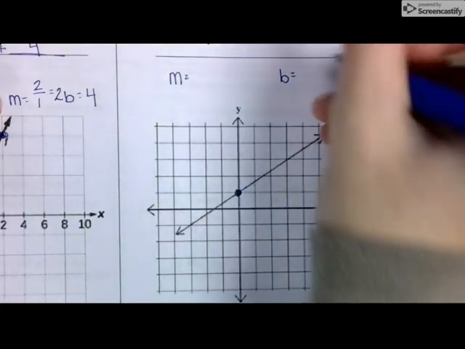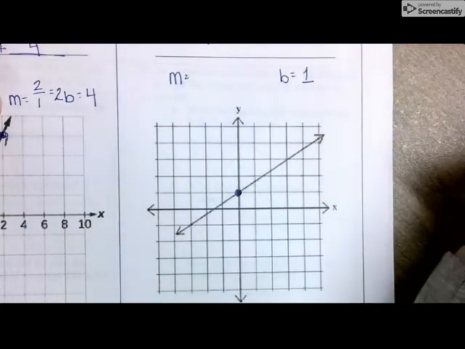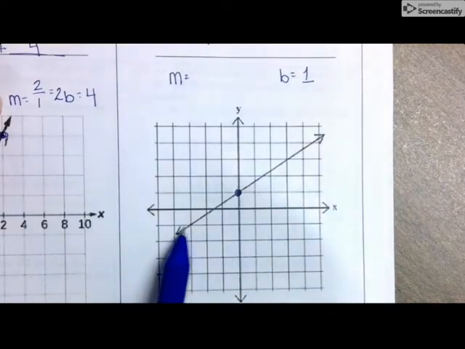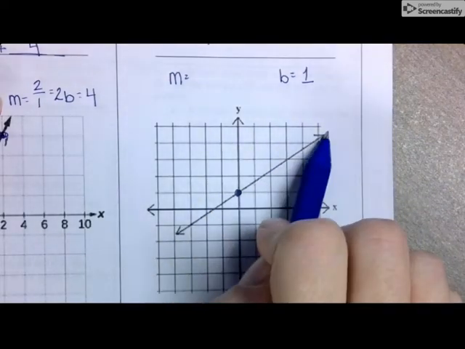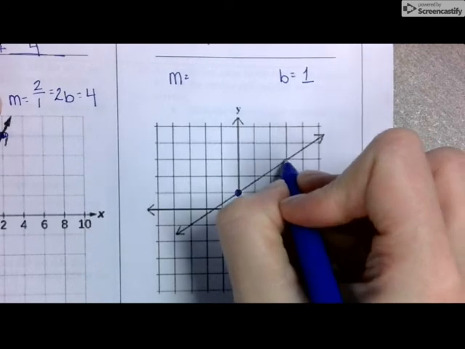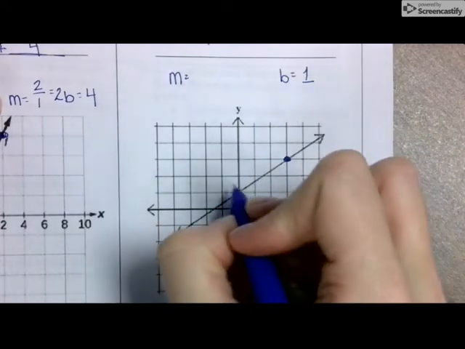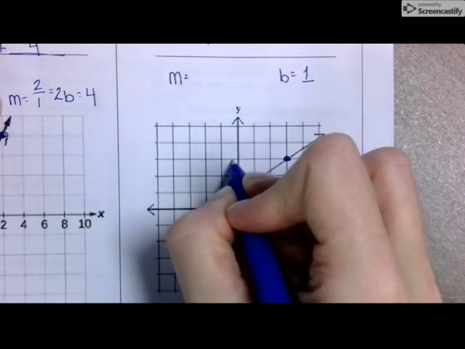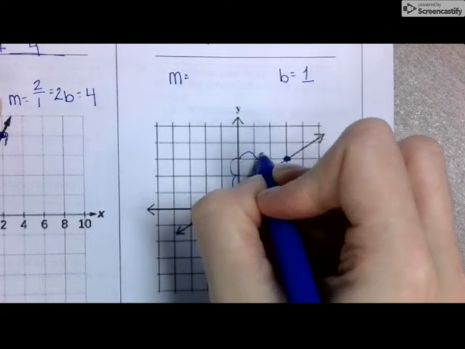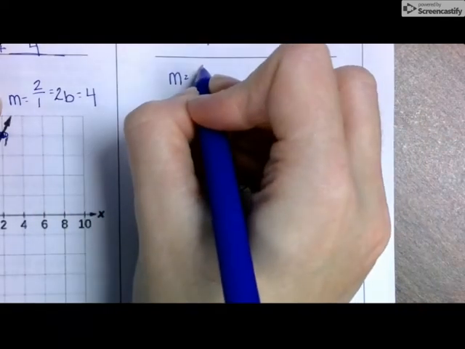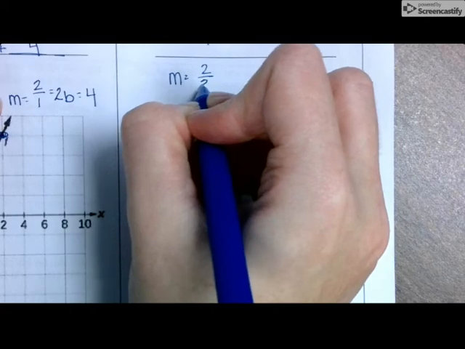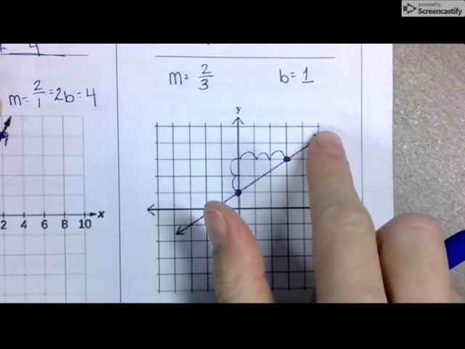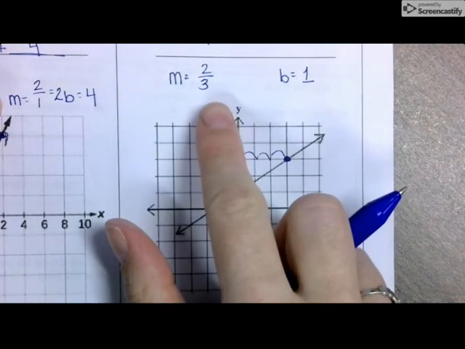So my b is going to be positive 1. Where's another spot that this line touches corners of boxes? Right here. So I'm going to go up 1, 2, and right 1, 2, 3. And as I go left to right, my line goes up, so it is positive.